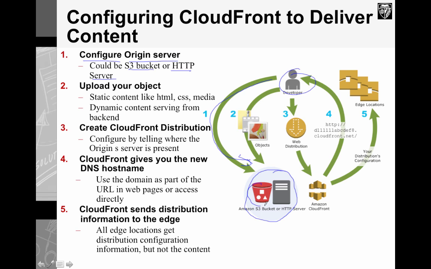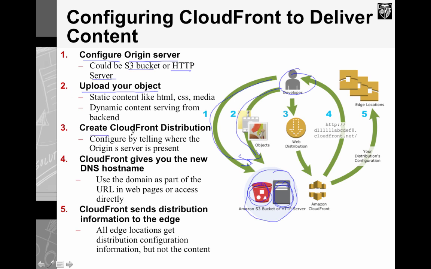The origin server can be an S3 bucket. The origin server can be an HTTP web server. The second thing is to upload the content into the origin server. So the developer goes in and uploads the images, style sheets, or whatever the dynamic content is into the S3 bucket or into the web server.